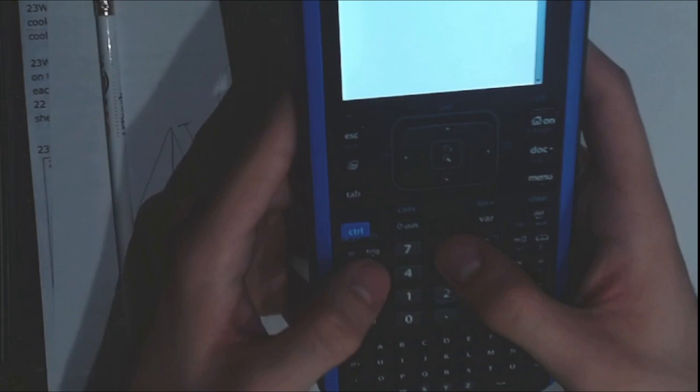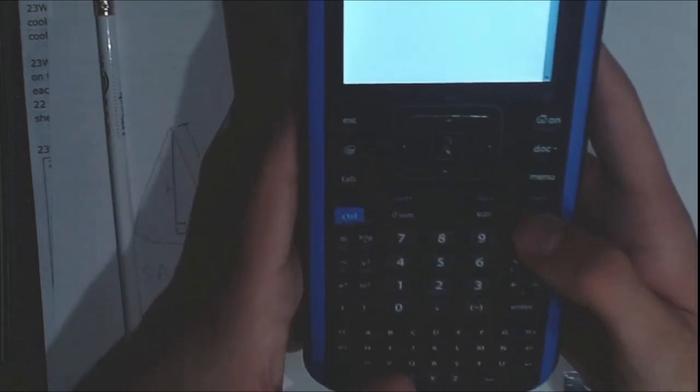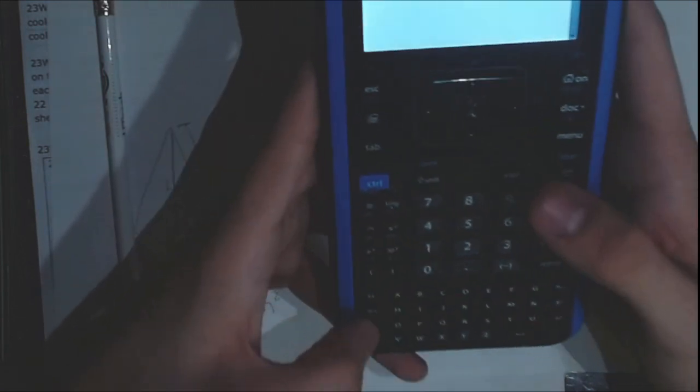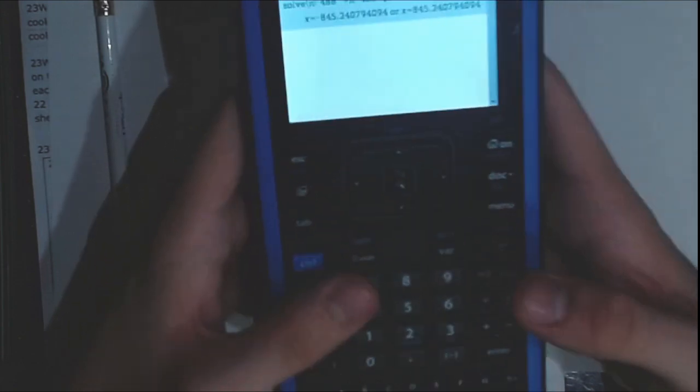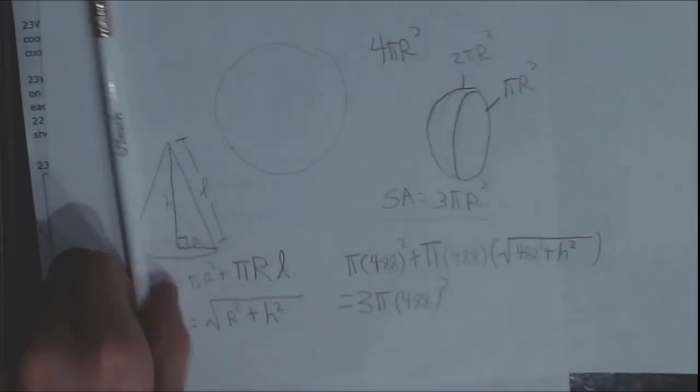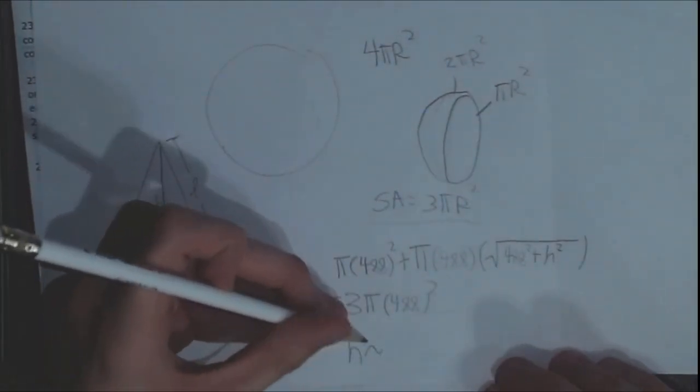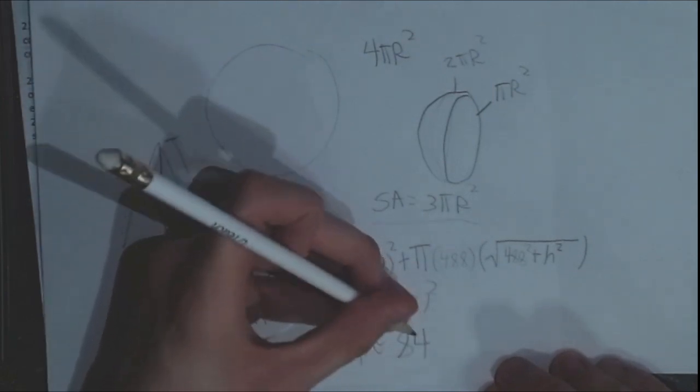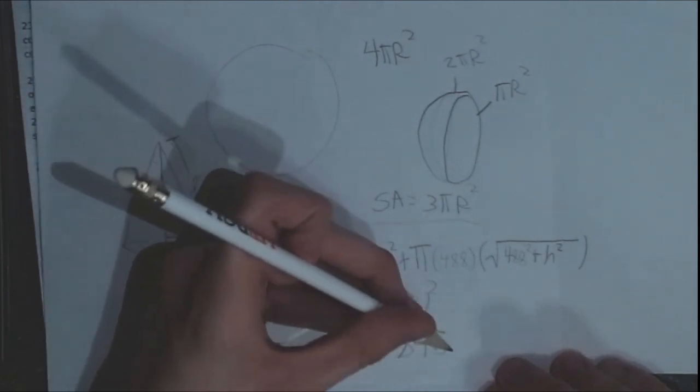Menu 3, 1, go to the solve function, pi times 488 squared plus pi times 488 times the square root of 488 squared plus h squared, I will put x, equals 3 times pi times 488 squared, comma x. And again, my height is about 845.2.